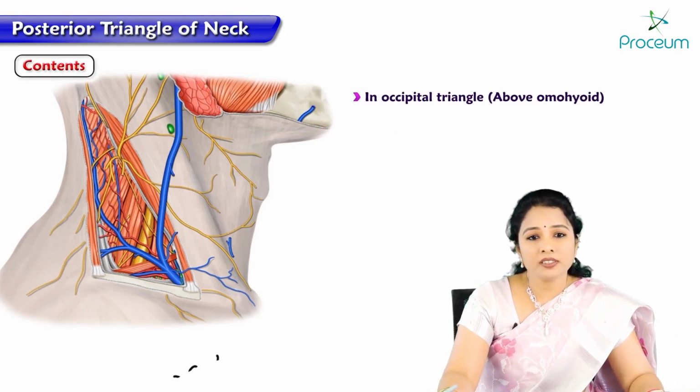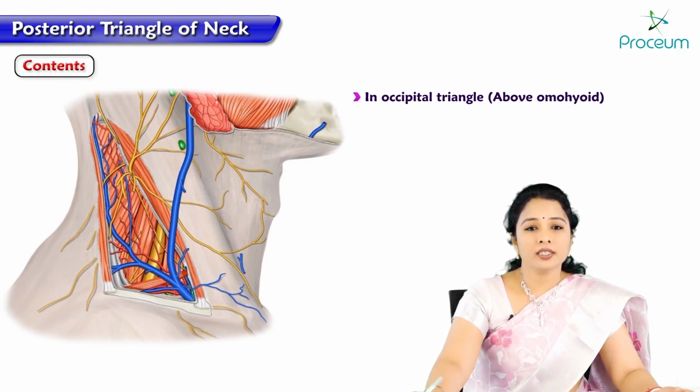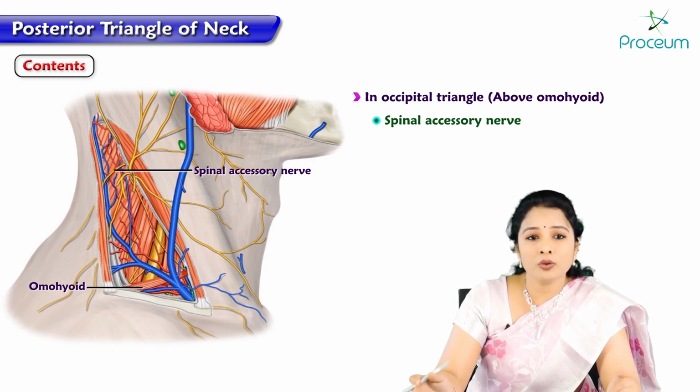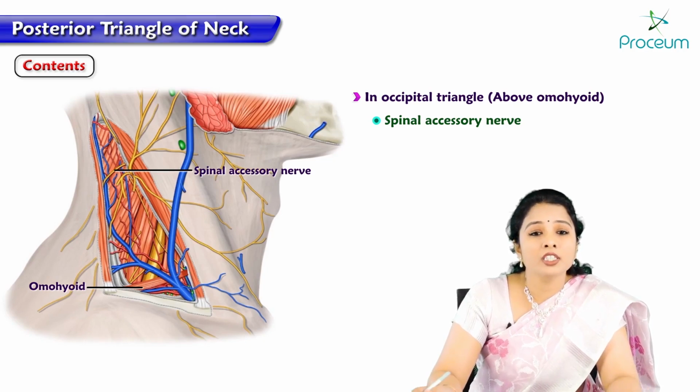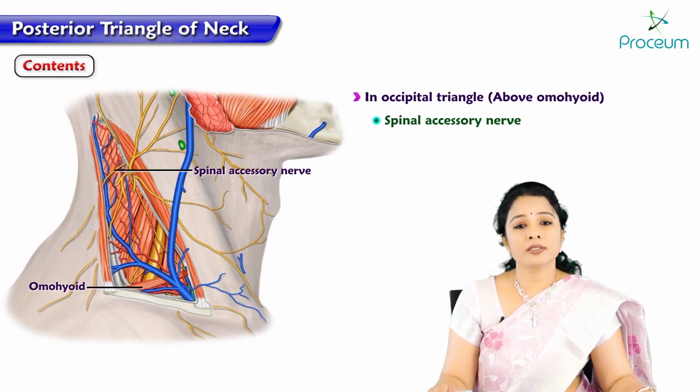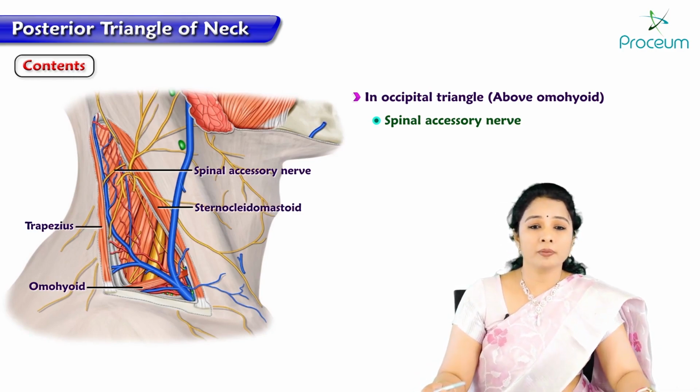In the occipital triangle, the triangle above the inferior belly of omohyoid, the major content is the spinal accessory nerve. The spinal accessory nerve is the 11th cranial nerve. It is meant to supply sternocleidomastoid and trapezius.